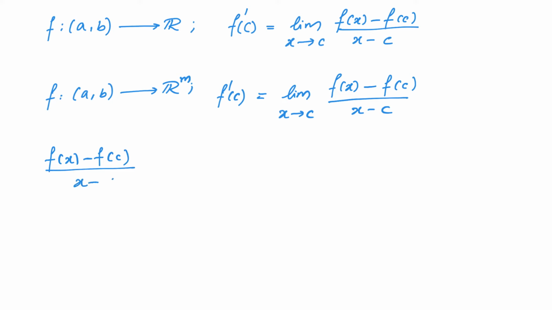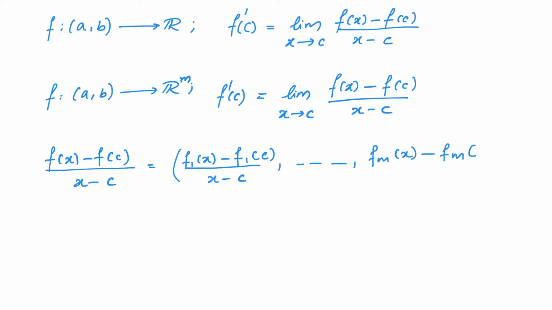Further notice that f of x minus f of c by x minus c is equal to f1 of x minus f1 of c by x minus c, comma f2 of x minus f2 of c by x minus c, and so on up to fm of x minus fm of c by x minus c. Further, we already saw that the limit of a function is equal to the limit of its component functions.